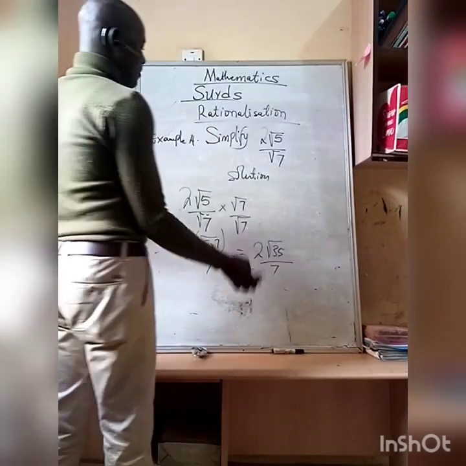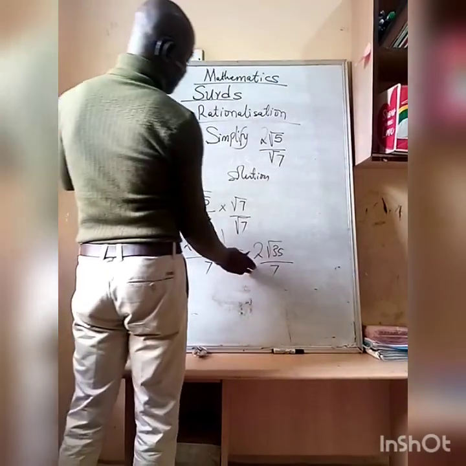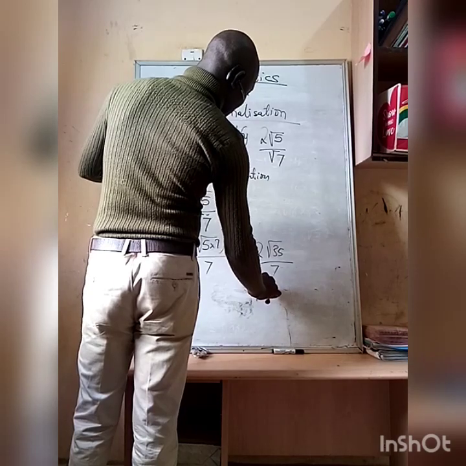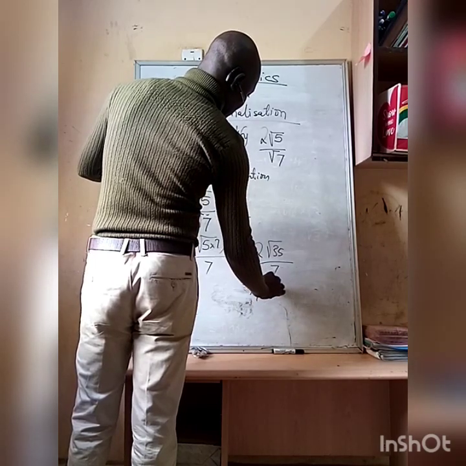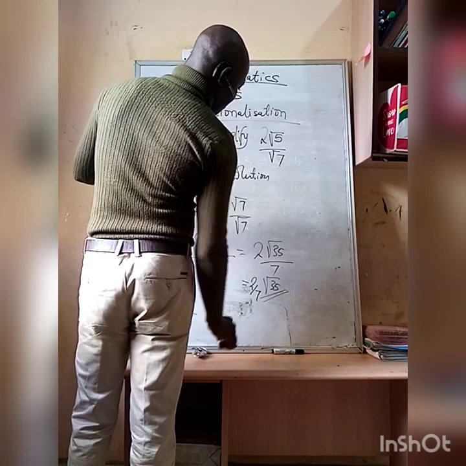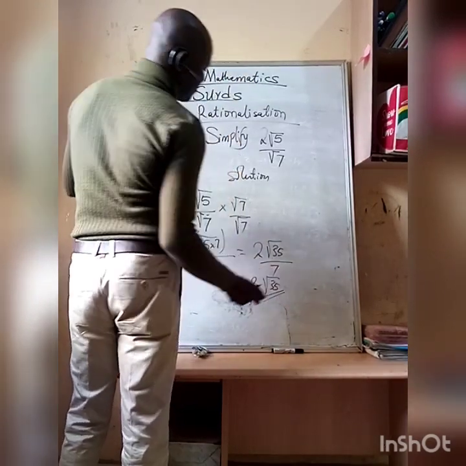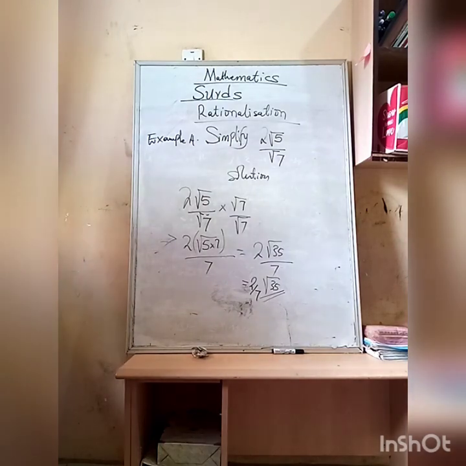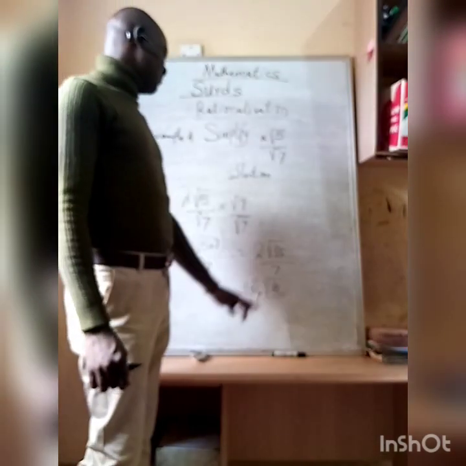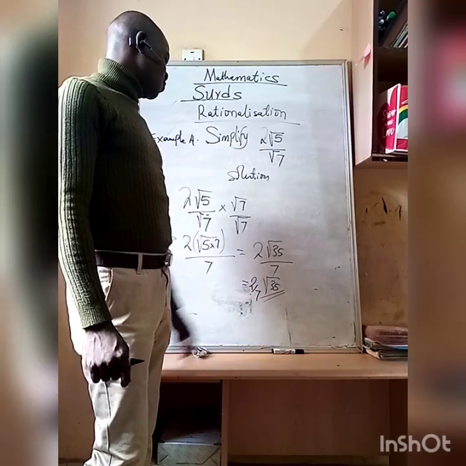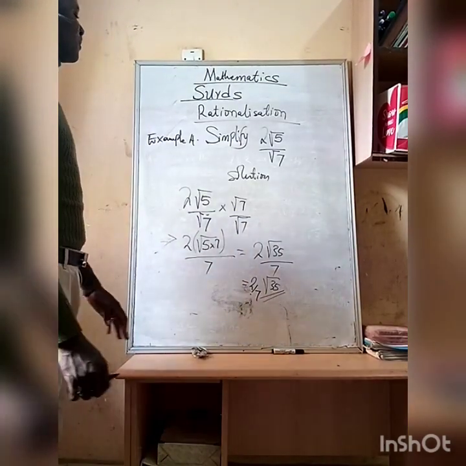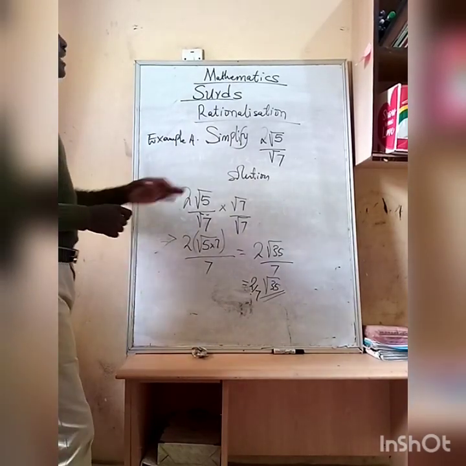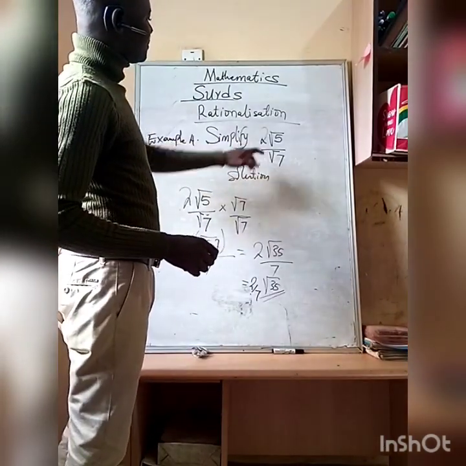So this 7 now can be shifted to this side, so we now have 2/7 as the coefficient of √35. 35 not having any perfect square factor will remain like that. So it's either you have it as 2√35/7 or 2/7 √35, you still have the same thing. So this is what we do to rationalize a surd in this form.